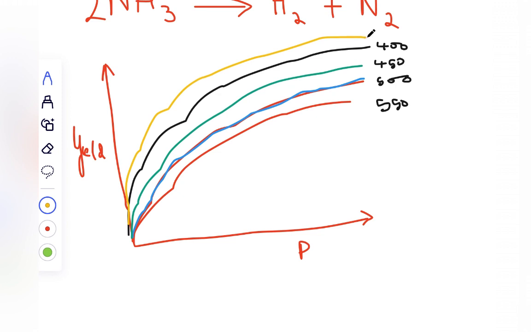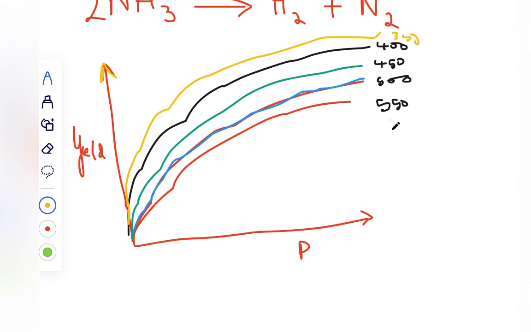There you have 350. So you can see as you are reducing your temperature, you are getting more yield. That's what I showed with the arrow. The yield is getting higher as you reduce temperature.